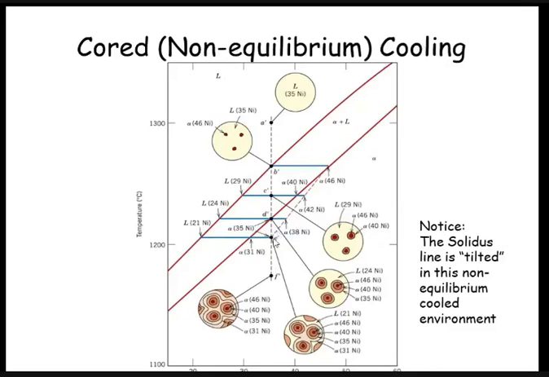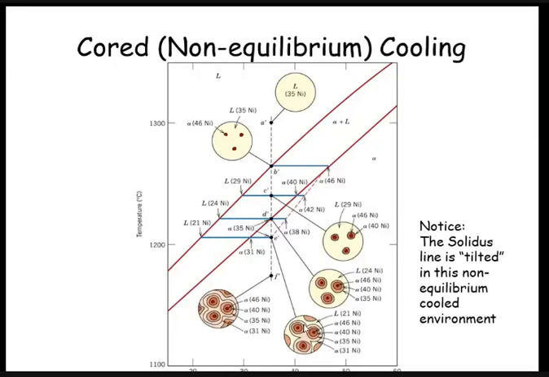You can see at this point, as far as the equilibrium diagram is concerned, below that you should not have any liquid phase. But you can see it here: still we have some liquid, and the liquid composition is 24. At point E dash, as far as our phase diagram is concerned, we have all solid, but you can see that liquid still exists.